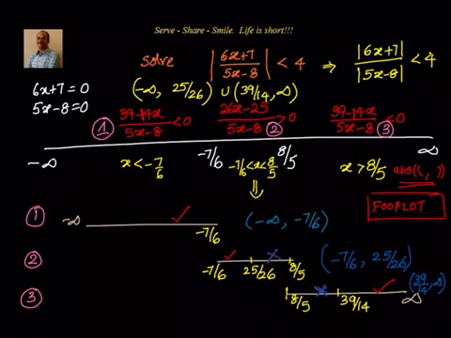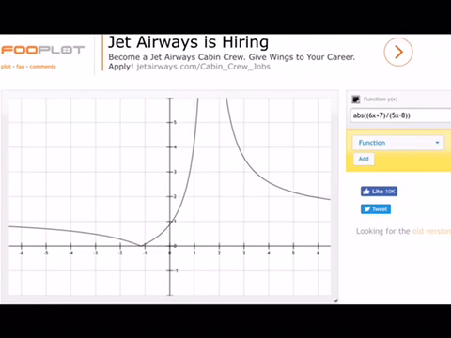So let me show you a screenshot of how the solution looks. This is a screenshot I got from fooplot.com, which I was referring to earlier. There you can give the function as absolute value of 6x plus 7 divided by 5x minus 8 for all the values. You can change your x and y width and everything you need. We are talking about less than 4.